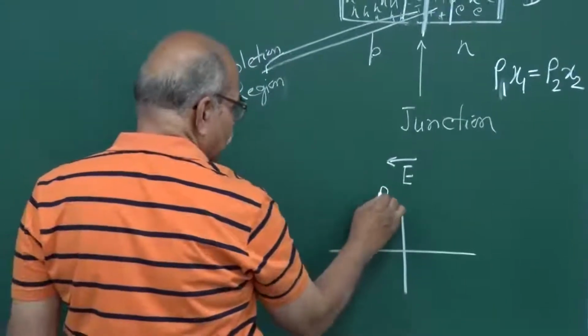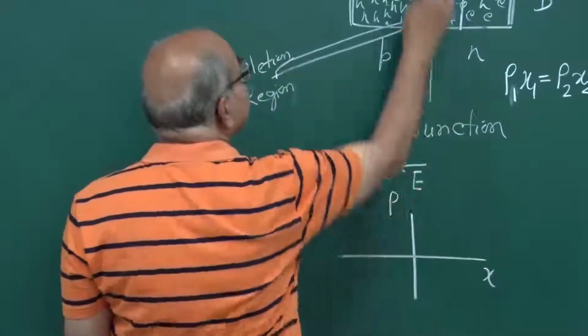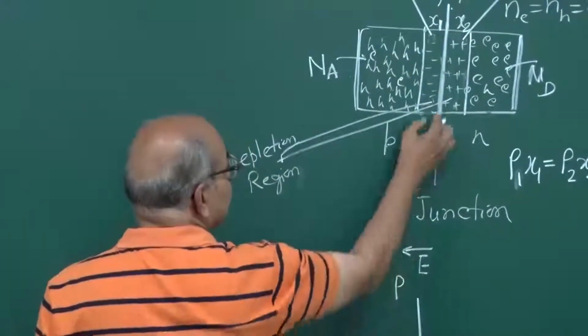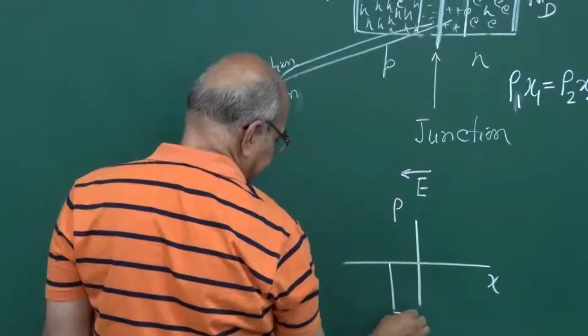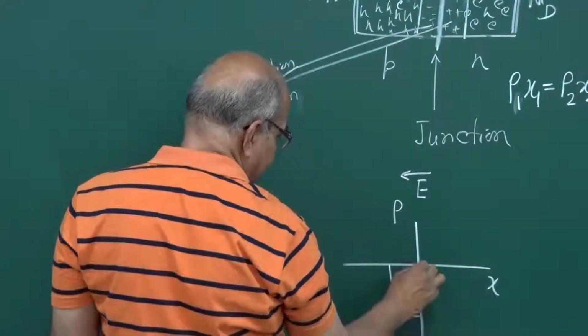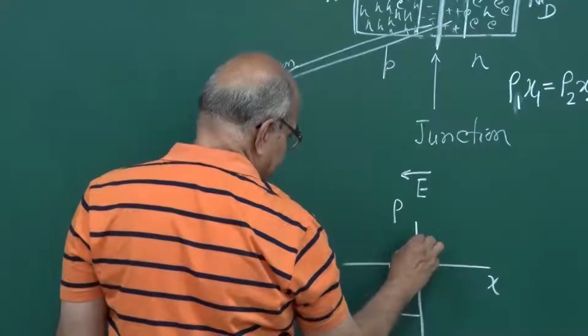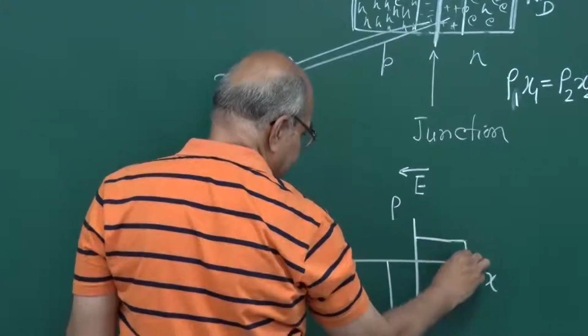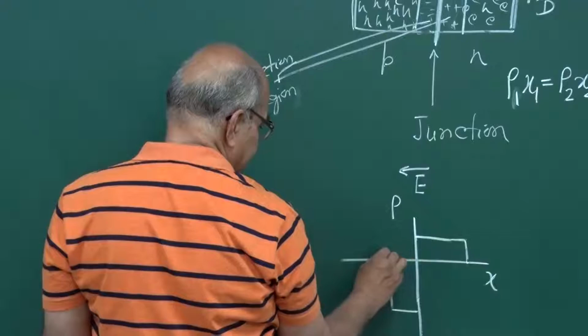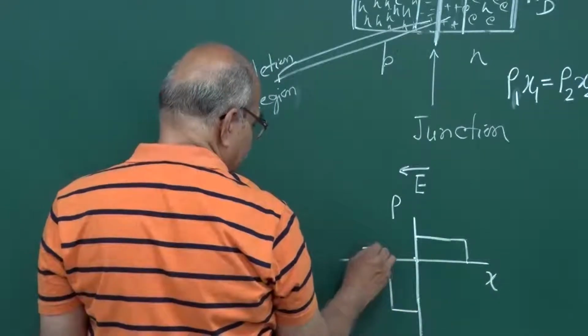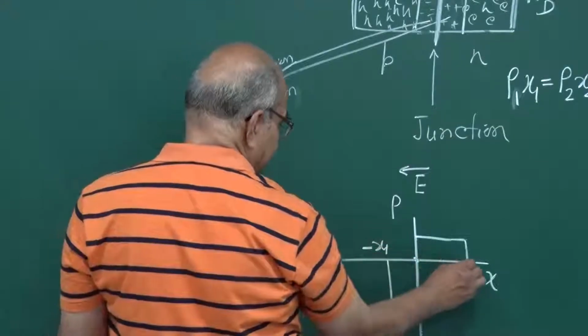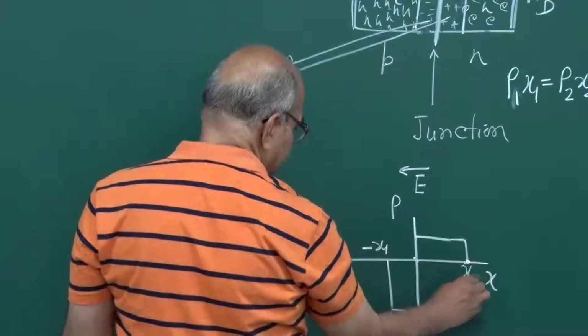If I plot rho here and x here, in this case you have negative charge, and in a smaller width I am showing, so it's like this, and this side is positive charge, and I am showing larger width, so it's like this. If we call x equal to 0 here, this is x is equal to minus x1, and this point is x is equal to plus x2.